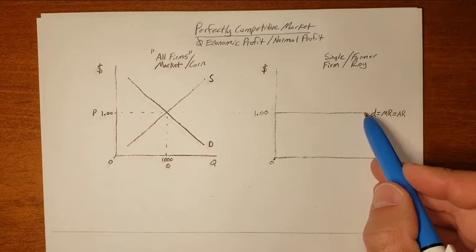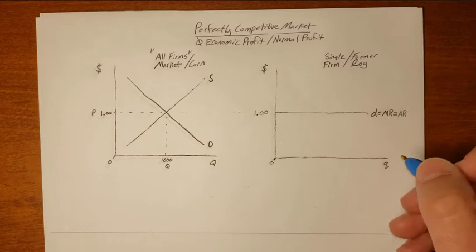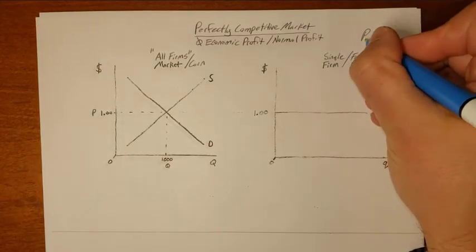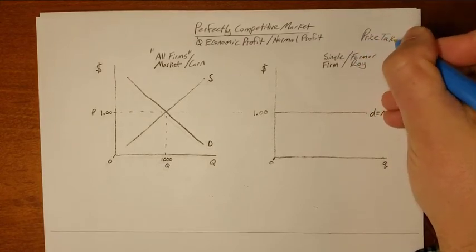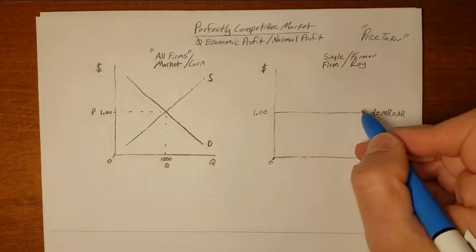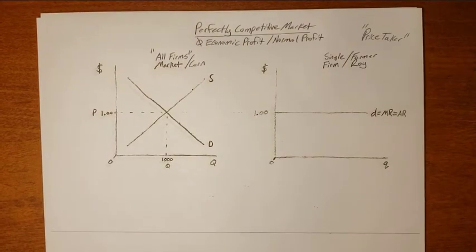Now, if Roy were to charge more than $1 for his corn, nobody would buy it. They would go to some other farmer, which is why we call this type of firm a price taker, meaning that this firm has to accept the market price. They cannot change the market price because, number one, they're a small part of the market, and number two, the products that they're selling are undifferentiated.